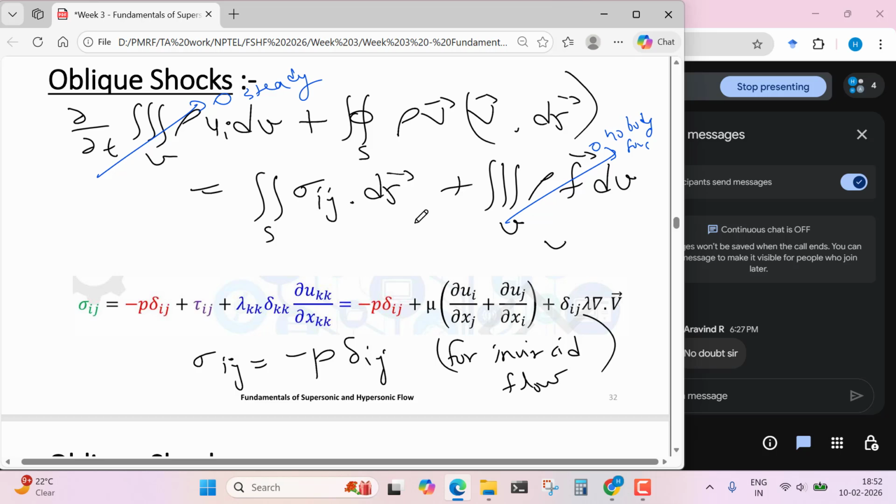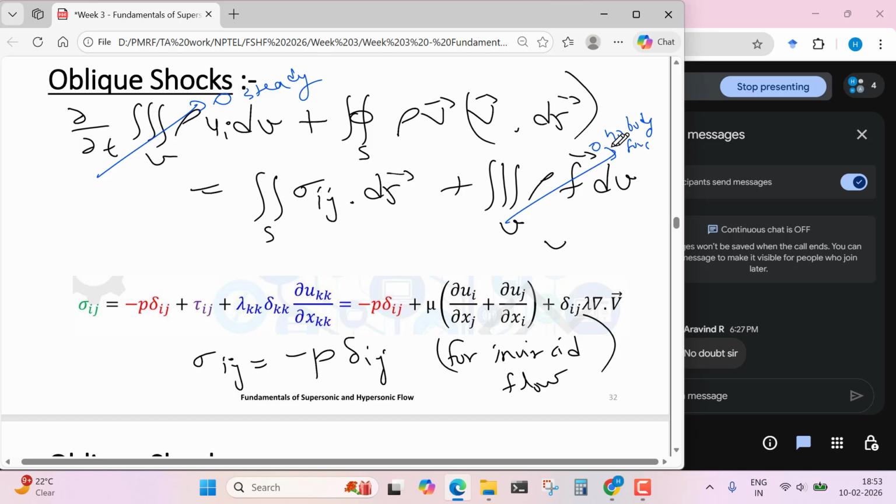Now we'll see the momentum equation. So momentum equation, similar to before, ∂/∂t triple integration ρ u_i dV plus double integration ρ u_i V·dS equals double integration σ_ij dS plus triple integration ρ f dV.